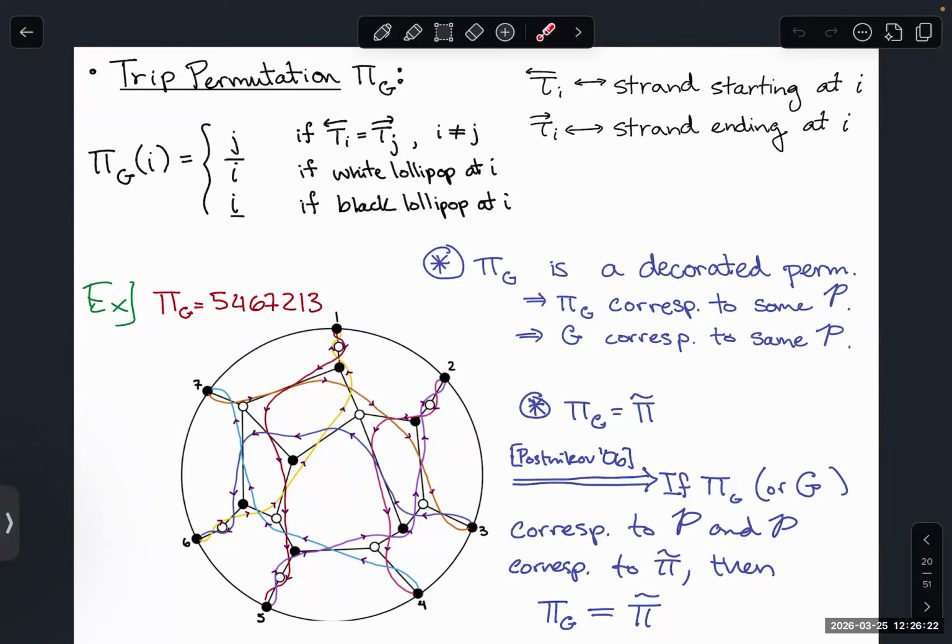If we think back a couple slides, the picture of the decorated permutation coming from our Grassmann necklace is exactly the same one as this trip permutation that we've got.